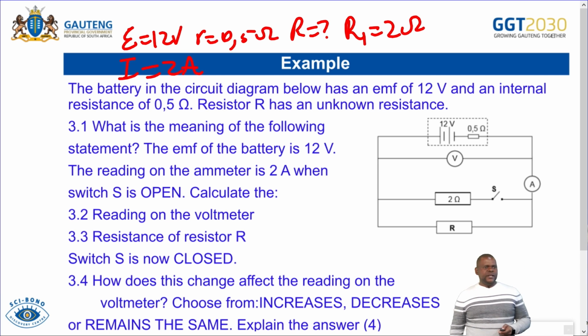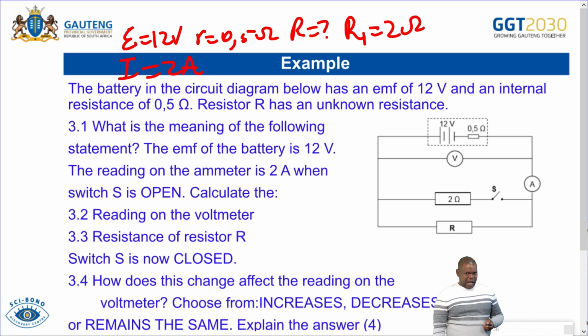Then, as we're given the 2 ampere, when the switch is open, the reading gives us 2 ampere. When the switch is open, calculate the reading on the voltmeter. How much will be the reading on the voltmeter?